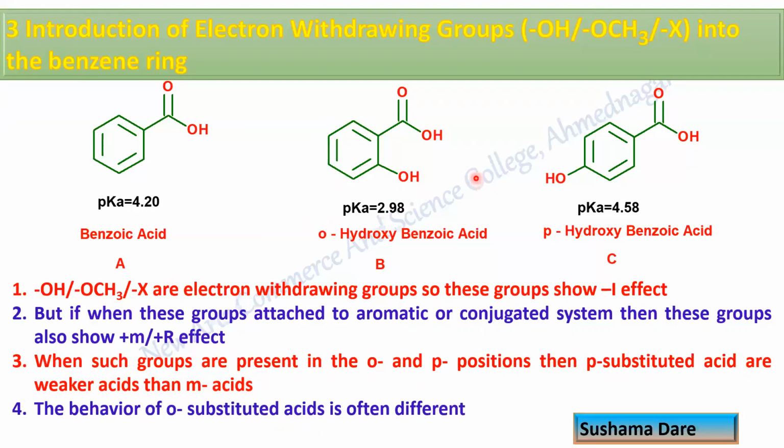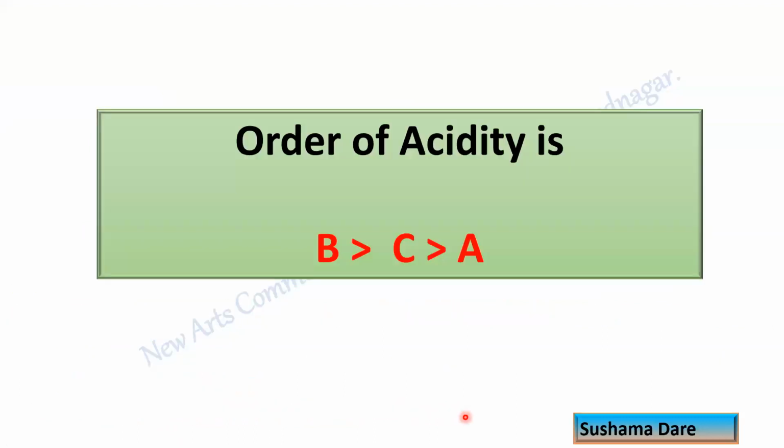When such groups are present at ortho and para position, always para substituted acids are weaker acids than ortho acids and meta acids. The behavior of ortho acid is often different. So let us restart the discussion of this.